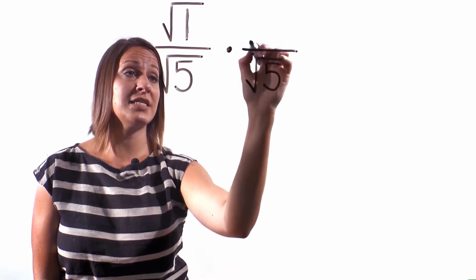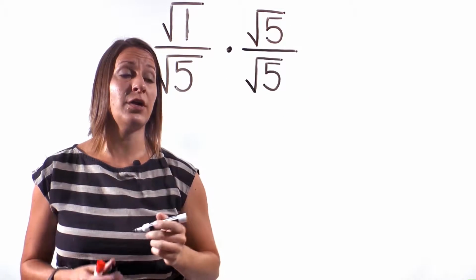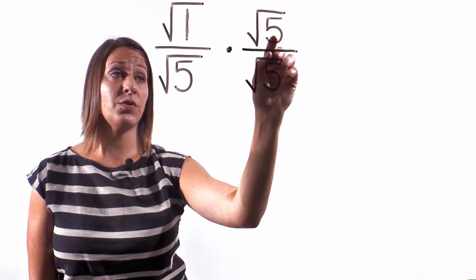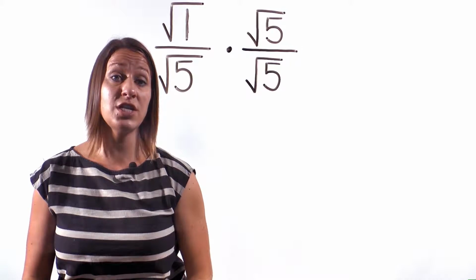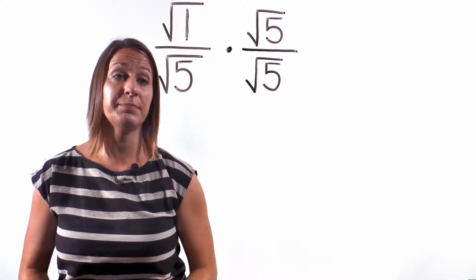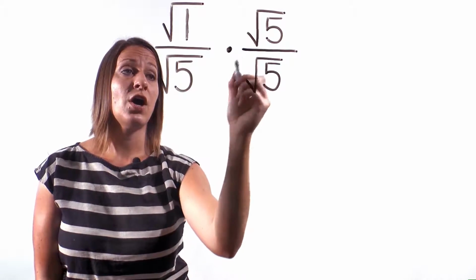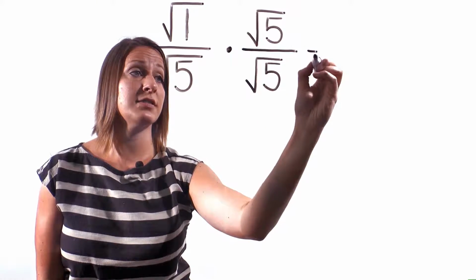We're going to multiply it to the numerator and the denominator. And we can do this because the value of square root of 5 over square root of 5 is 1. So we're not actually changing the value of the problem. Next, because both of these numbers are under a radical, we can multiply those straight across.